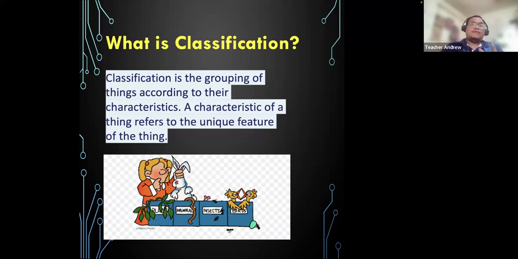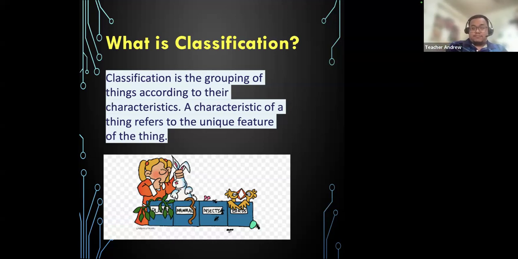So as long as you can make food by yourself and you have chlorophyll inside, you are a plant, right? Or insects. The main unique feature of insects is that they have 6 legs. So scientists will group all the living things that have 6 legs under this group called insects.